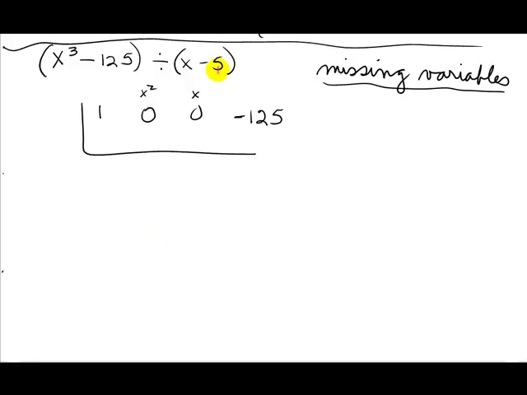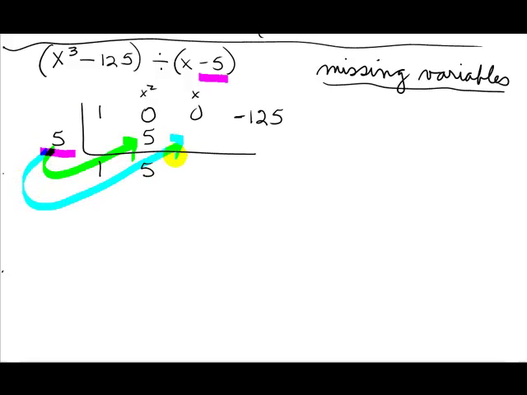Do the opposite of this divisor number, and it's going to go right here, so a positive 5. Bring this down. Then we're going to start. Multiply these two and put your answer here. Combine 0 plus 5.